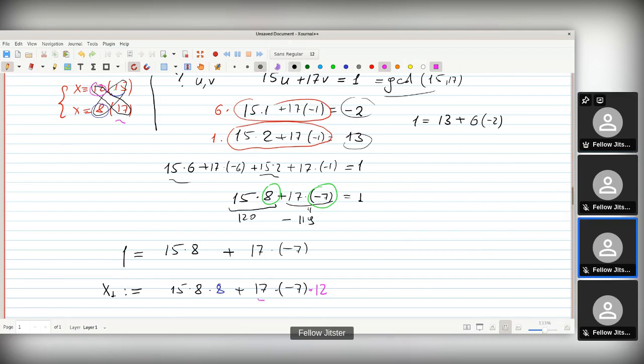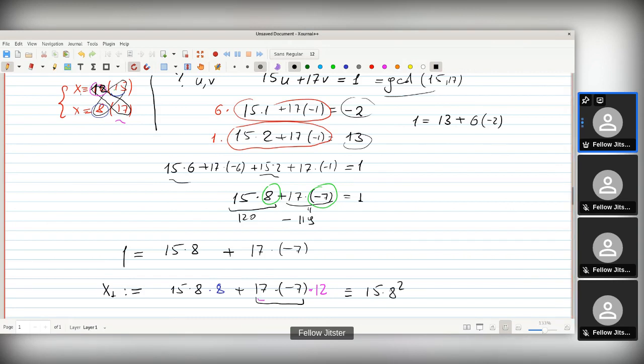Yes. It is not hard to see that this number is indeed not a solution, of course, but this number satisfies the congruence. Why is it so? Easy. Let us check, for example, that it satisfies the first congruence. Here we have 15 multiplied by 8 squared.